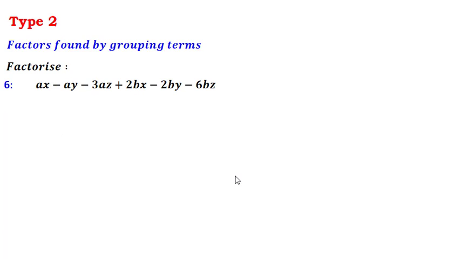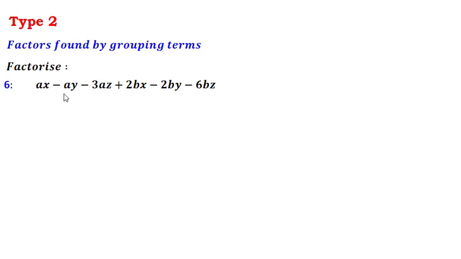Let us see the sixth question. ax - ay - 3az + 2bx - 2by - 6bz. What I recommend is that you first try yourself, pause the video and then compare your solution with the solution which I have provided. For each and every question you follow the same rule. Now here I have a total of 6 terms.